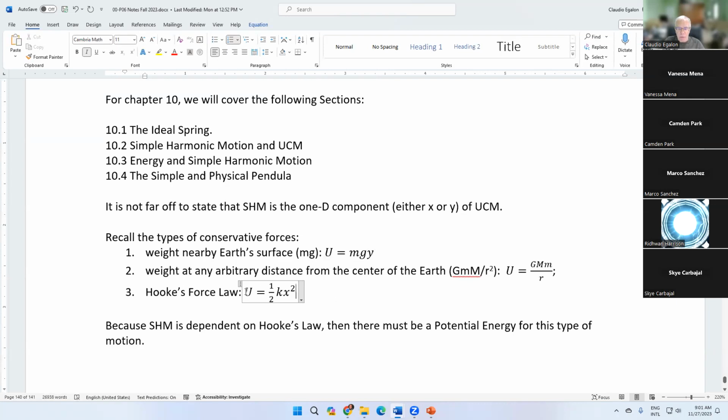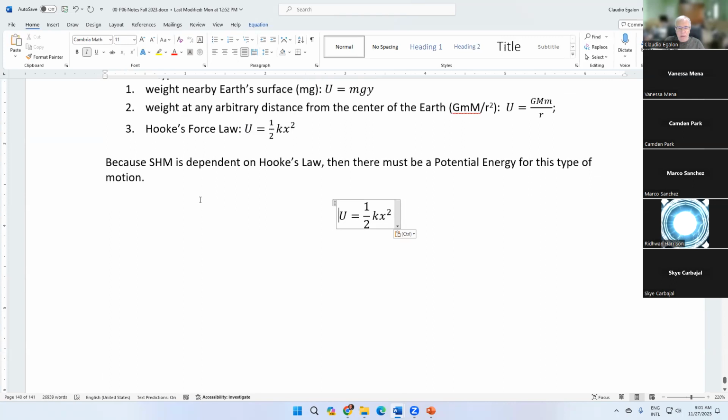And the potential energy for the simple harmonic motion is going to be this expression that you see right here. And Hooke's force law, F equal to minus kx.